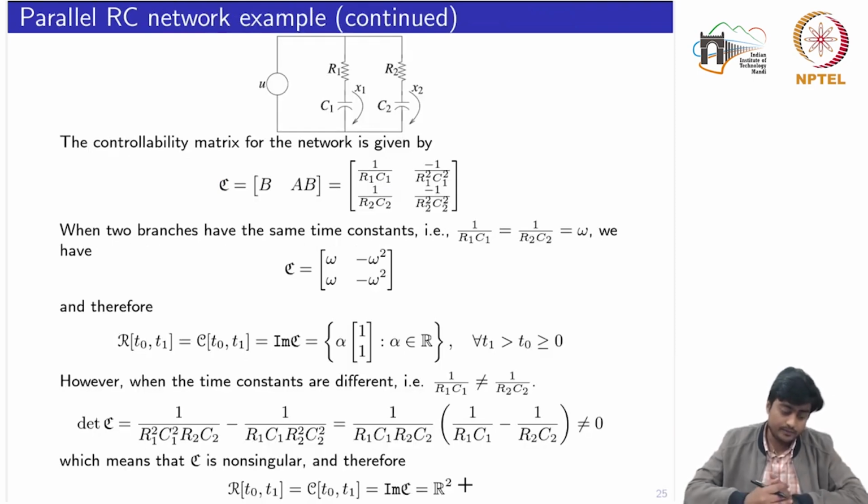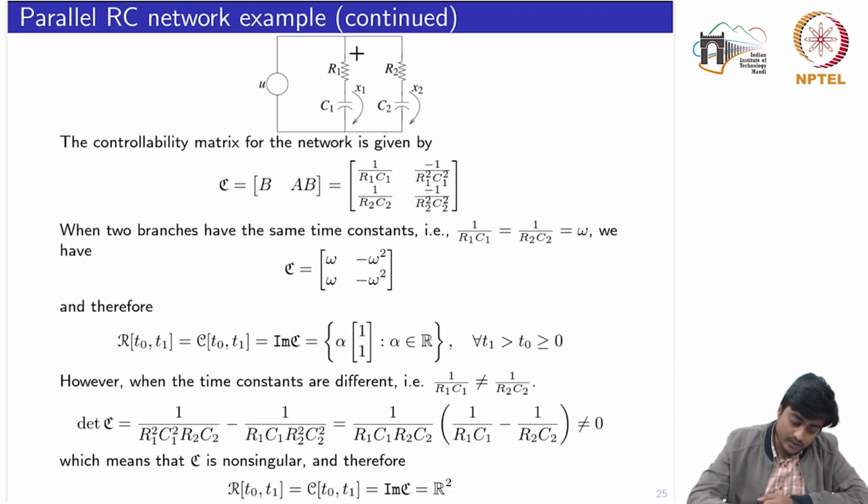We can recall the example with which we have started as a motivation. This is the same example where we have two branches, R1 C1 in parallel with R2 C2, supplied with some voltage U. Okay, so in the previous example we made a conclusion that the reachable subspace and the controllable subspace are basically the set of alpha times the vector 1 1 of 2 dimension.